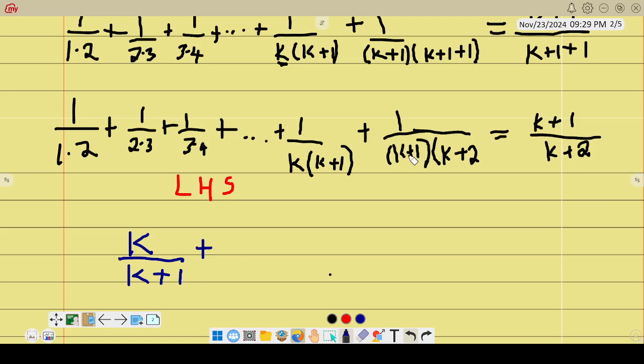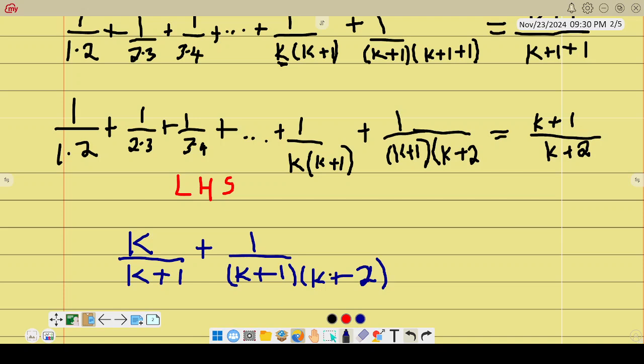Plus, we have this term before the equal sign, 1 over k plus 1 times k plus 2. So it is this left hand side, and we want to see if it can look the same as the right hand side.